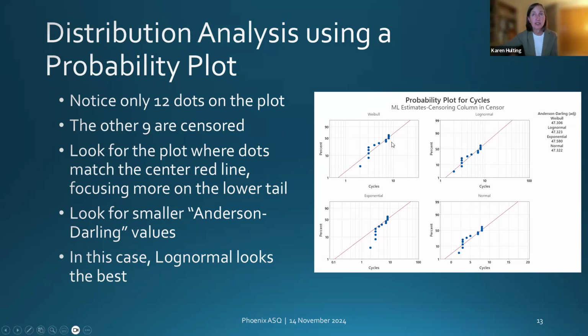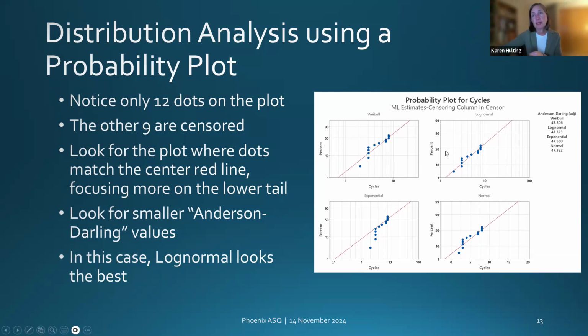The other 9 observations, the analysis reserves some space on the right-hand end of that probability plot for the ones that would fail beyond 10 cycles, right? So these dots don't follow the whole probability plot line, because some of them aren't actually failure times, and they're accounted for in this reliability data analysis.